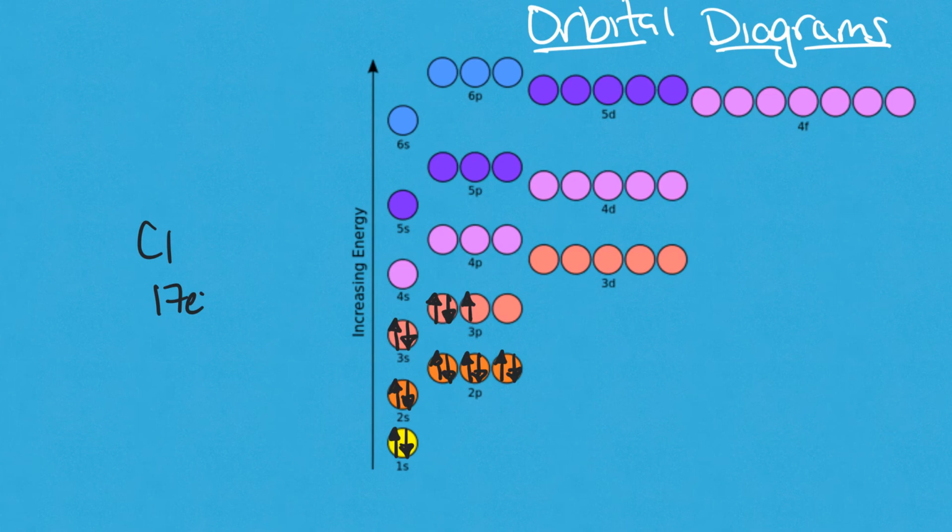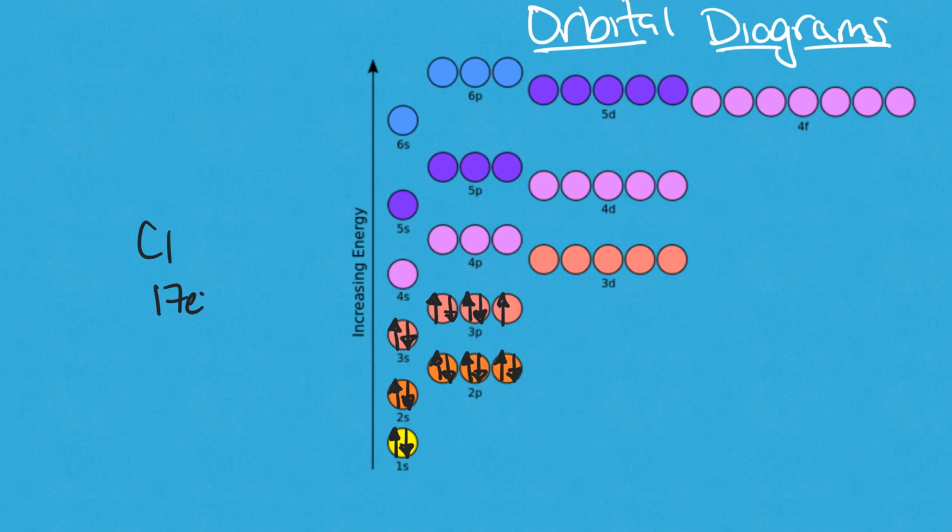Whoops, I didn't even follow Hund's rule, so that's my fault there. Let me backtrack, I apologize. So we have 2, 4, 6, 8, 10, 12, 13, 14, 15, 16, 17. So here is the orbital diagram for chlorine.